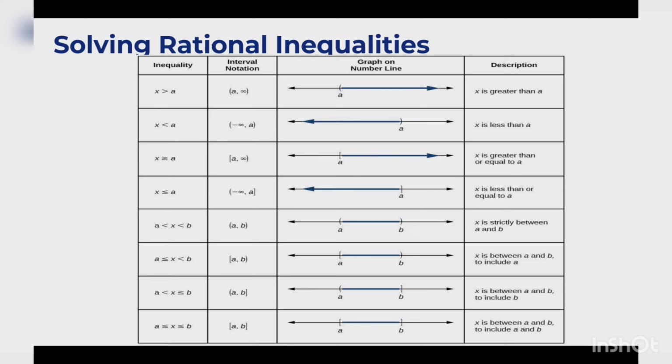So let's say the set notation includes x greater than a. So this means that you have x values higher than a. If we write that in our interval notations, we'll have parentheses a, comma, positive infinity, parentheses.